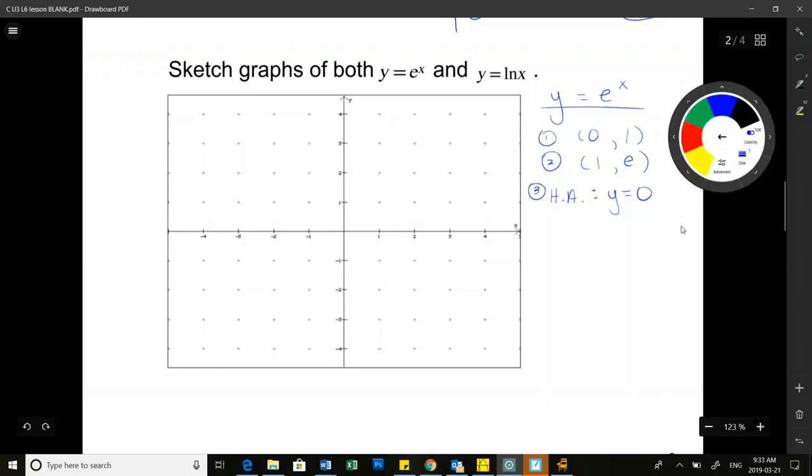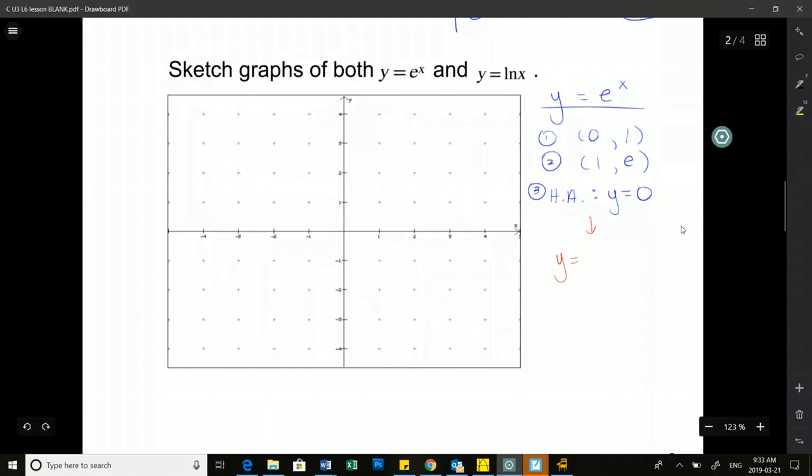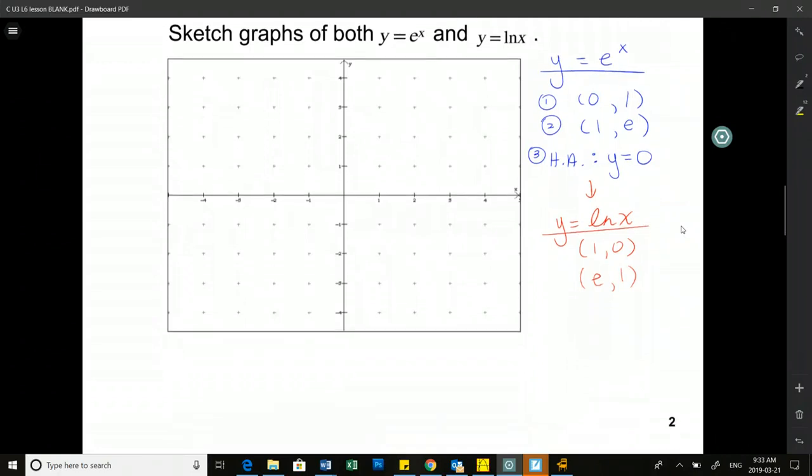And because ln is the inverse of e, I just talked about this with my grade 11 class actually. All I need to do in order to find the points of an inverse function is swap the x's and y's. So I literally take 0, 1 and it becomes 1, 0. And I take 1, e and it becomes e, 1. Anyone remember what horizontal asymptote becomes? Yeah, vertical asymptote at x equals 0. Good. Okay, so we'll just sketch these quickly here.